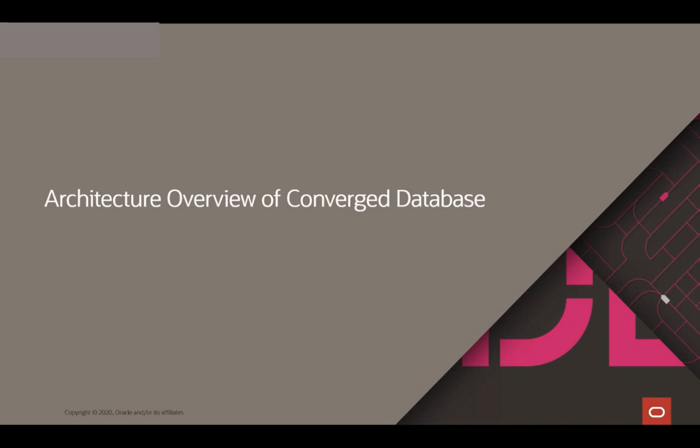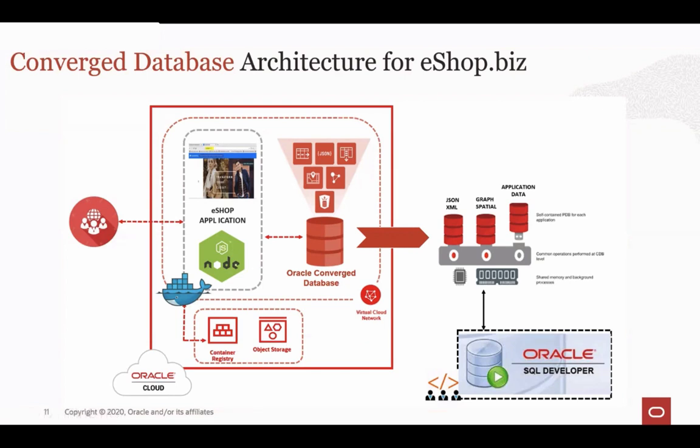Yeah, so let's understand the eShop.biz application, which is powered with Converged Database. Now let's look at the Converged Database architecture. This is the retail architecture we have built, eShop.biz.